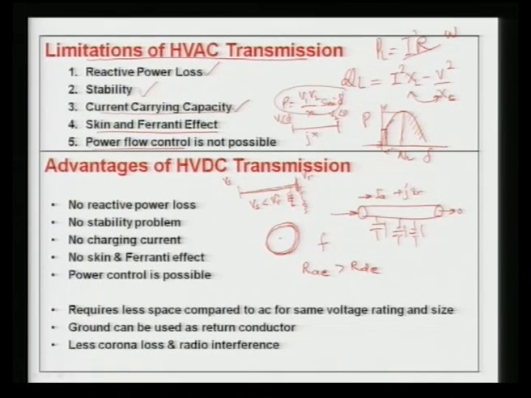Another major concern here is that power flow control is not possible. Power flow control, I mean that we want power flow control in a smooth manner. Sometimes we also want the power to be reversed from one direction to another, which is not feasible, not possible in the AC system, unless you are putting in another device. Nowadays, again, flexible AC transmission systems have been invented.